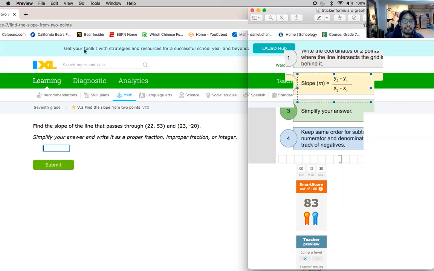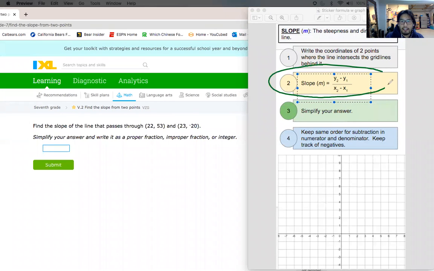And you're going to be very cognizant of keeping the subtraction the same for the numerator and denominator. And you're going to keep track of all the negatives, right? Because you're going to have to subtract numbers that might have negative numbers in them. You are going to have to simplify numbers where you're dividing negative numbers by a positive number. So negative number operations, being able to add, subtract, multiply, divide positive and negative numbers together, this is a really great exercise for helping you with.